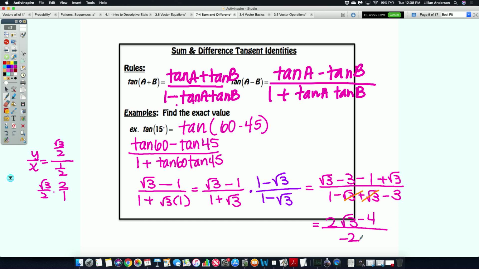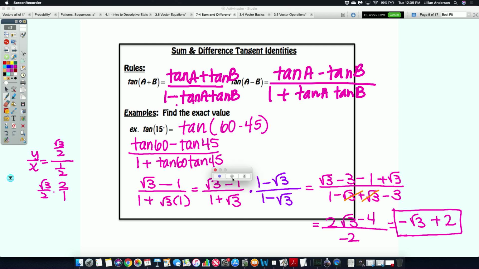Still not done. You factor out, take out the 2. Yes, there's a 2 in common in both terms of the numerator, and there's a 2 in the denominator. So I can simplify this. 2 divided by negative 2 gives me a negative root 3. And what's negative 4 divided by negative 2? Positive 2. And that is my final answer.